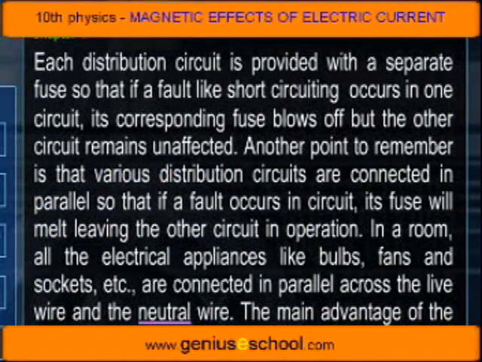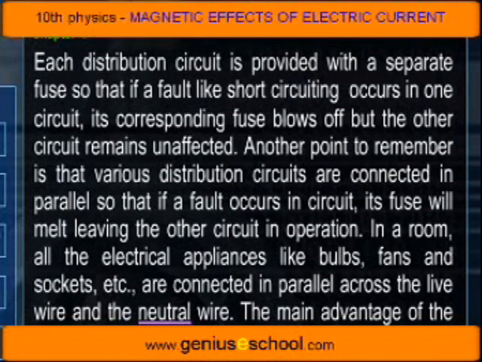Each distribution circuit is provided with a separate fuse, so that if a fault like short circuiting occurs in one circuit, its corresponding fuse blows off, but the other circuit remains unaffected. Another point to remember is that various distribution circuits are connected in parallel, so that if a fault occurs in one circuit, its fuse will melt, leaving the other circuit in operation.